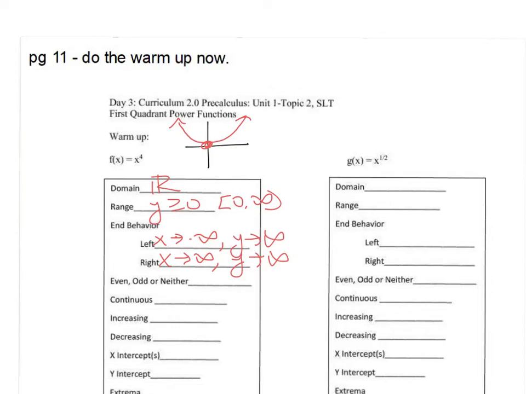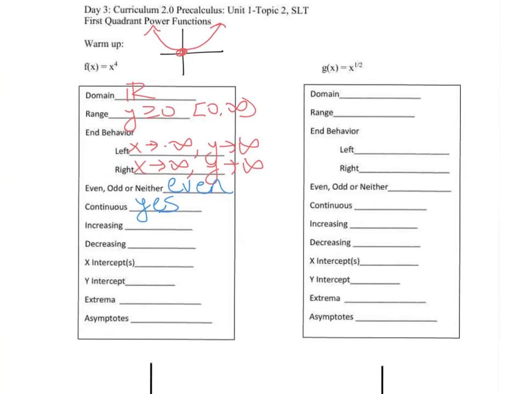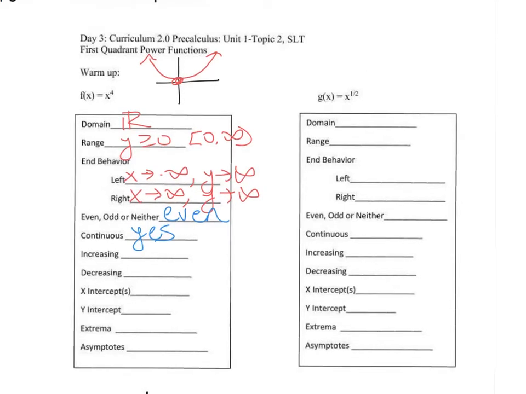It is even because it has y-axis symmetry. It is continuous. If we walk on the graph from left to right, we are decreasing from negative infinity to 0, or you can say x is less than 0, and then the graph is increasing from 0 to infinity, or you can say x is greater than 0.